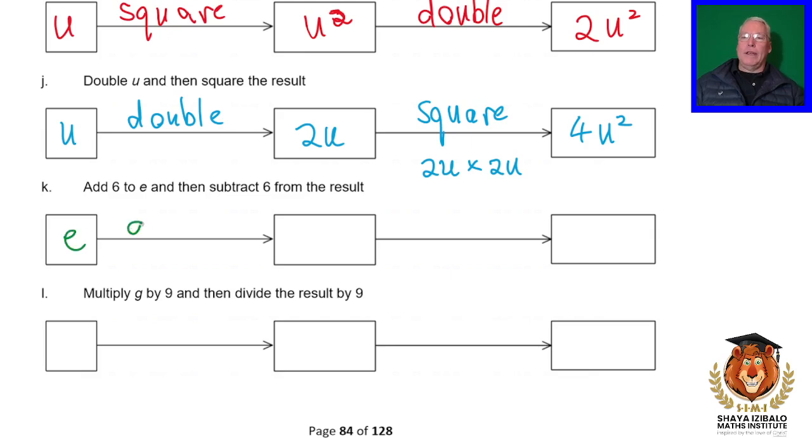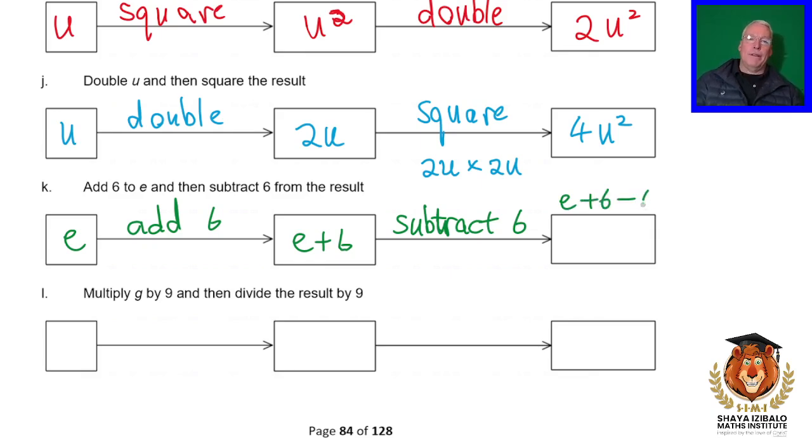Add 6 to e. And then subtract 6 from the result. Now we've got e plus 6 minus 6. So you might say, oh, is the answer going to be e plus 6 minus 6? Yes, it is.